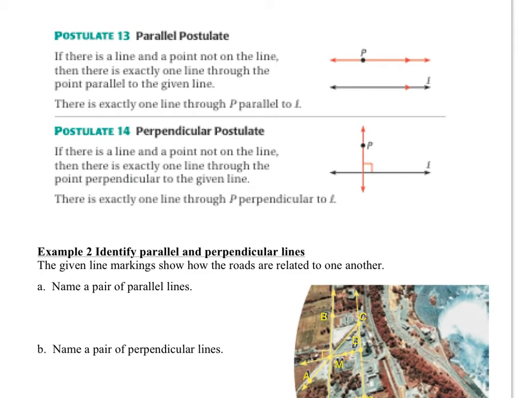So if we have this point P, there's exactly one line that I can draw through P that would be parallel to L. And the same thing with perpendicular. There's only one line that I can draw through that point P that would be perpendicular to L.